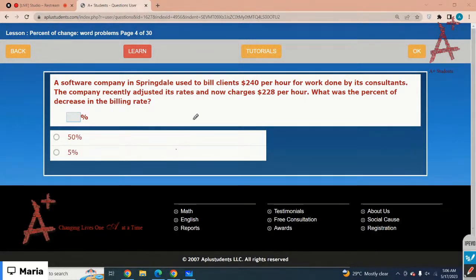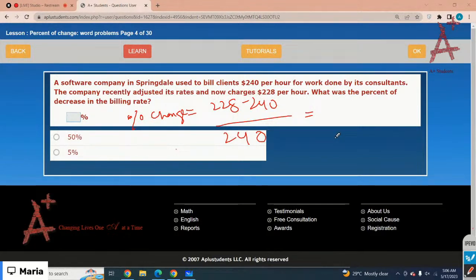So you have to calculate the percent of change. It would be 228 minus 240, and originally it was 240. Got it? Just calculate. It would be a negative value. That means that would be a decrease. Got it?